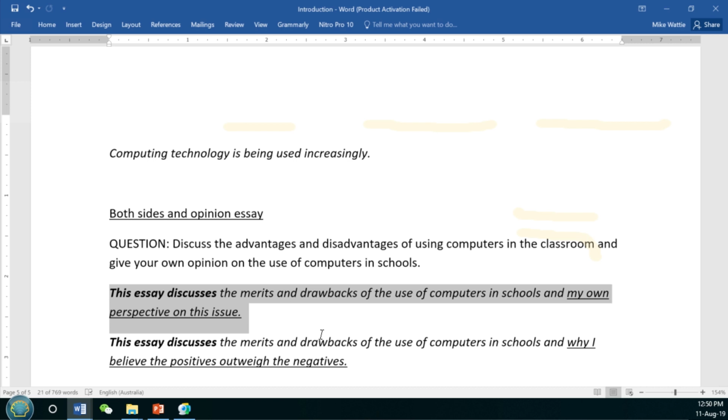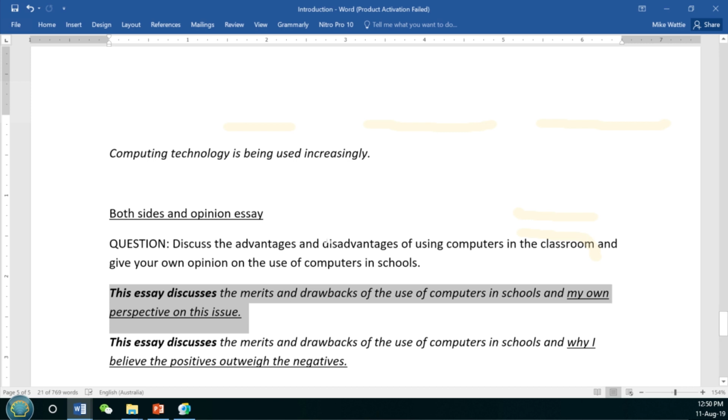So basically you'll have a structure for your opinion essay where you state your opinion, and then all other essays, the both sides an opinion and the 2-question essay, could be responded to in this way, just by paraphrasing the words from the question. Okay, so that's one choice we have. If you're going for a 6 or below, or possibly even a 7, this is good enough.